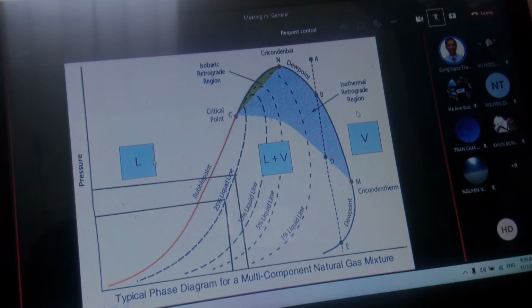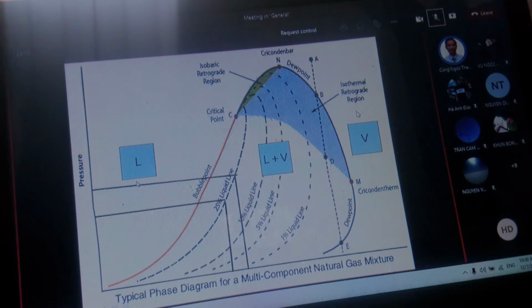This is the critical point or pseudo critical point, the cricondenbar point and cricondentherm point, and the bubble point and dew point. The bubble point is the first bubble of vapor and the dew point is the first drop of liquid.